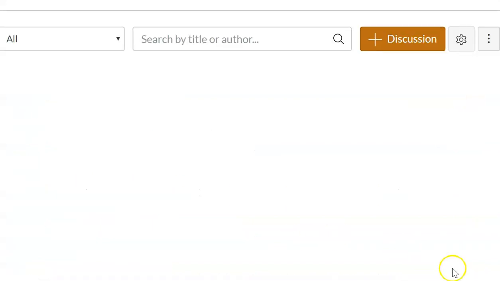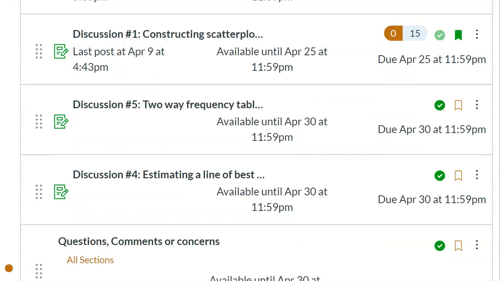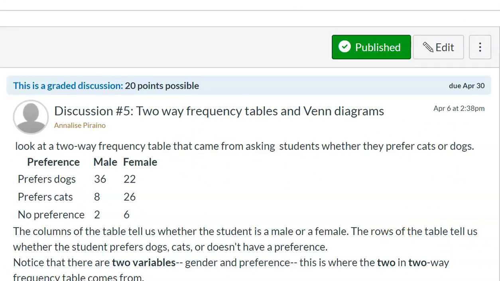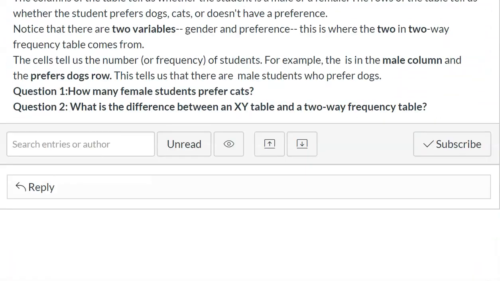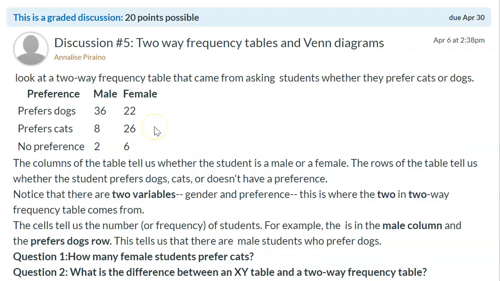Okay, so I'm going to hop on over to discussion post number 5. In discussion post number 5, you are presented with a table that shows male and female student preference for pets.